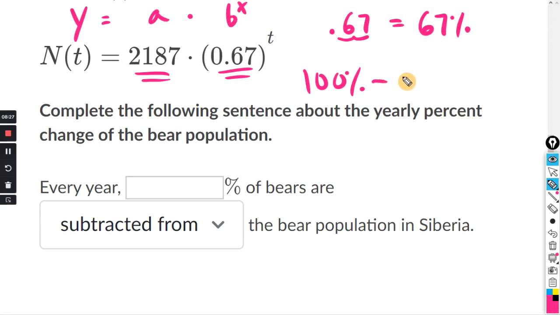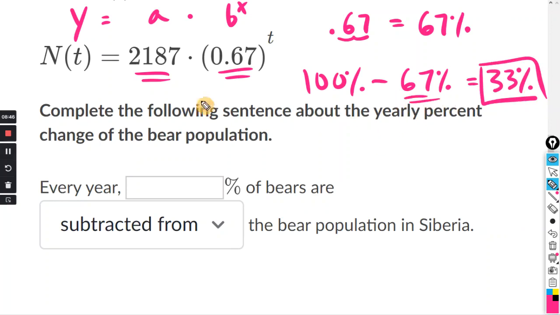So we're losing 100 minus 67%, and that is going to be 33%. Okay, so if you take 67% of something, it is decreasing, or you are losing 33% each time.